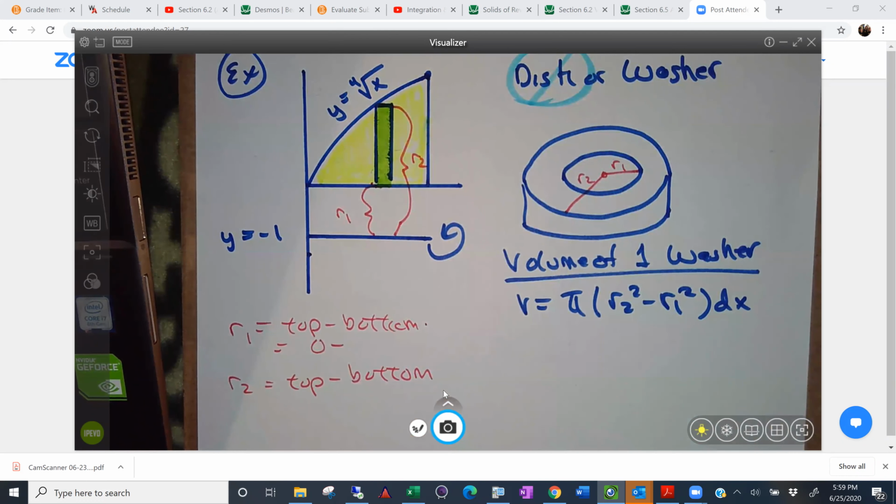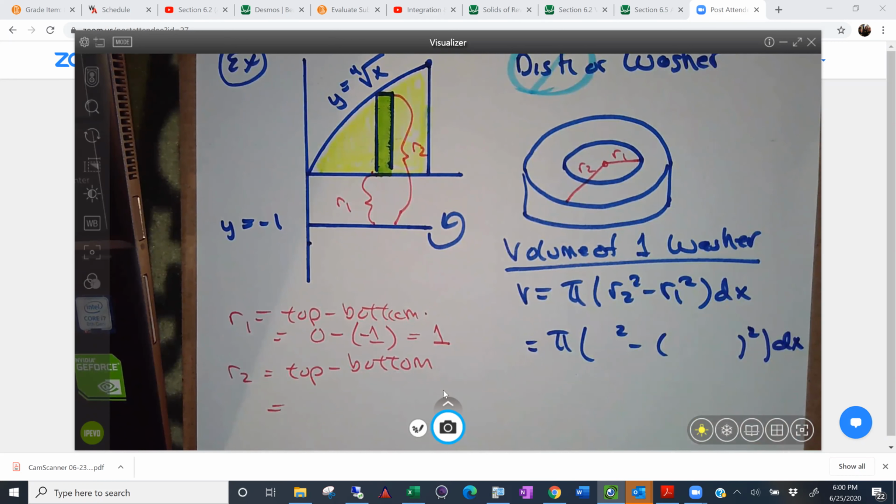Why don't you take a second, see if you can figure out what expression I'm going to use for R2. What do I want to put in there for R2?